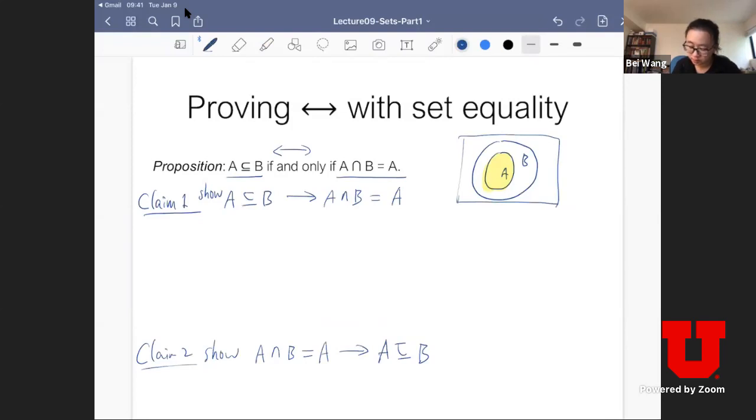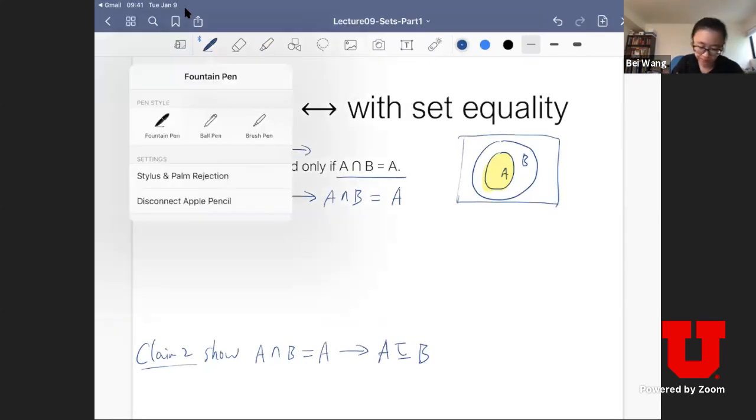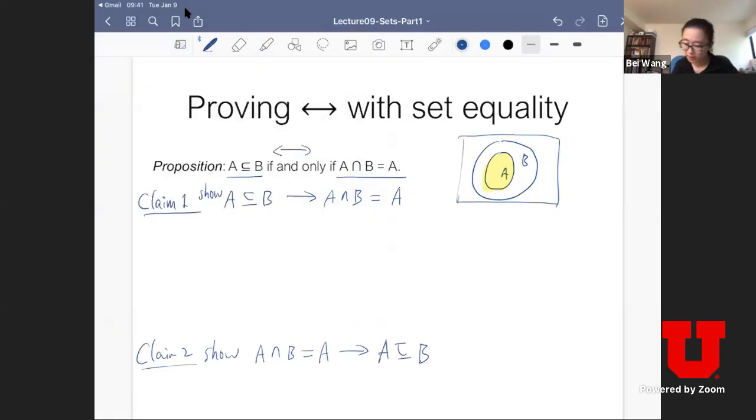Because, let's see, A is a subset of B. Okay. So I want to show A intersect B is equal to A. So I want to essentially show two parts.